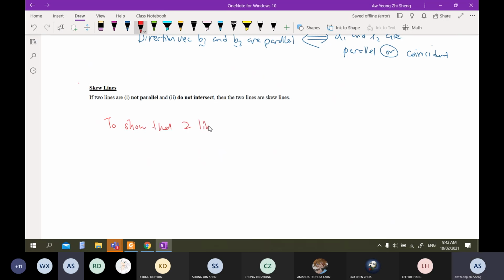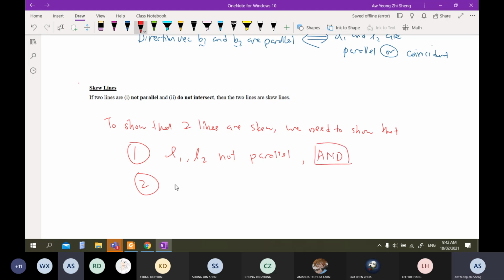To show that two lines are skew, we need to show that first thing, L1 and L2 are not parallel. And the second thing, L1 and L2 don't intersect. Two conditions to show.